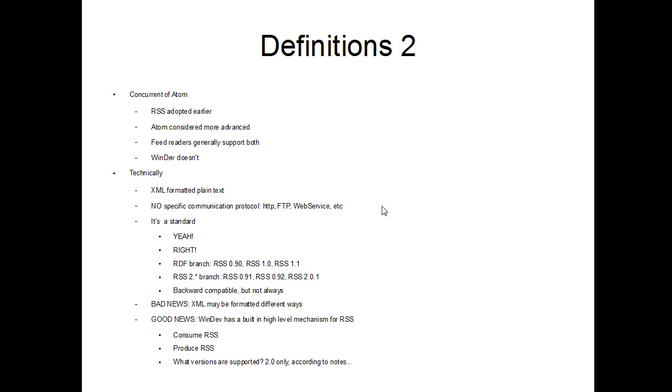But it also means that the high-level mechanism that is inside WinDev may not work in some cases of RSS feed. It is a distinct possibility. I don't have any example of that, but it is perfectly possible. You have to be aware of the possible limitation of your tool.